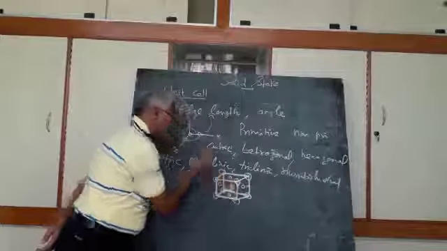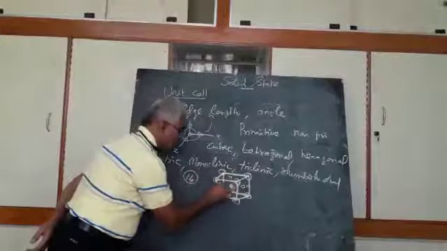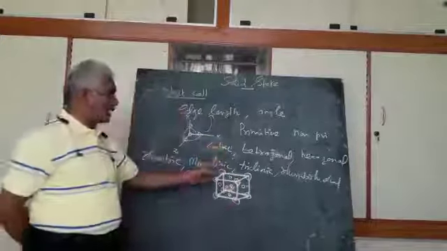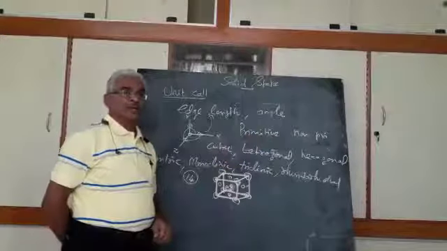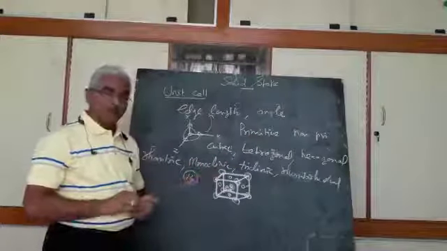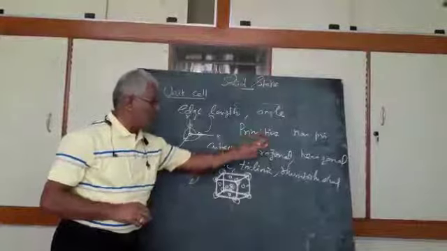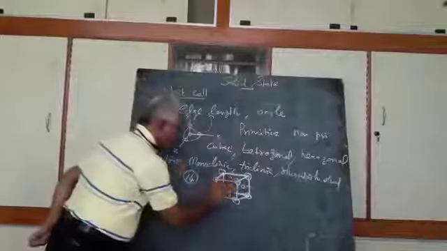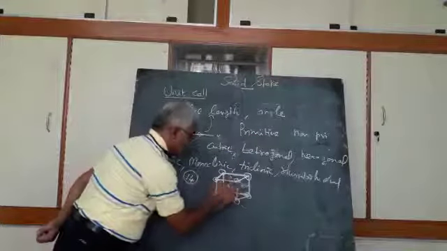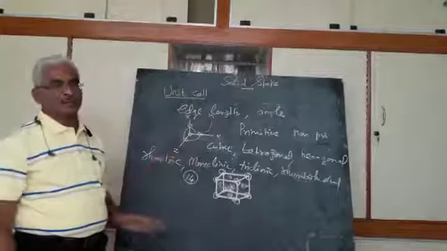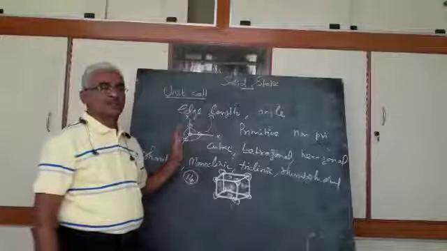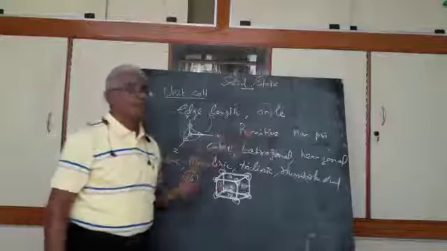And the face present in the front. So we have 6 additional atoms at the 6 faces. This is non-primitive. See, this is primitive, having atoms only at the corners. If additional points are present, it is called a non-primitive.